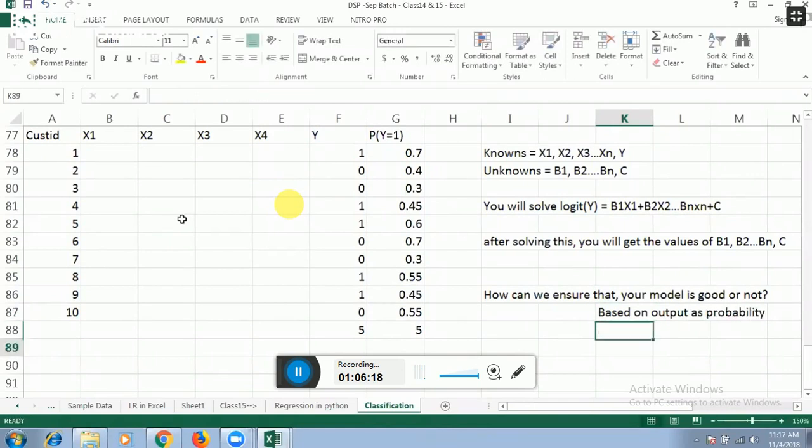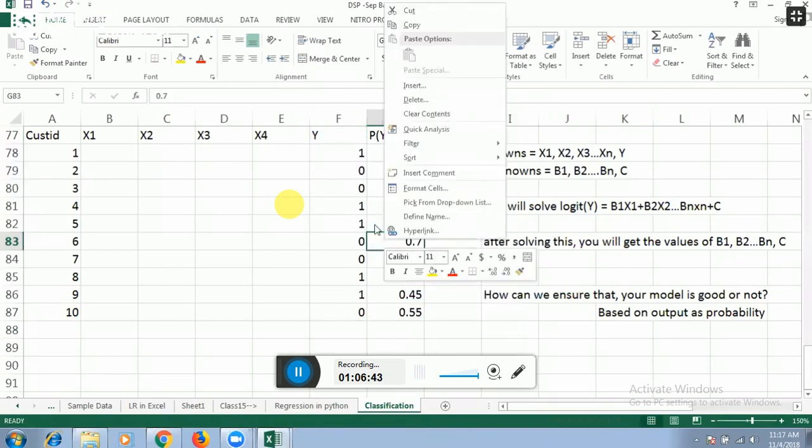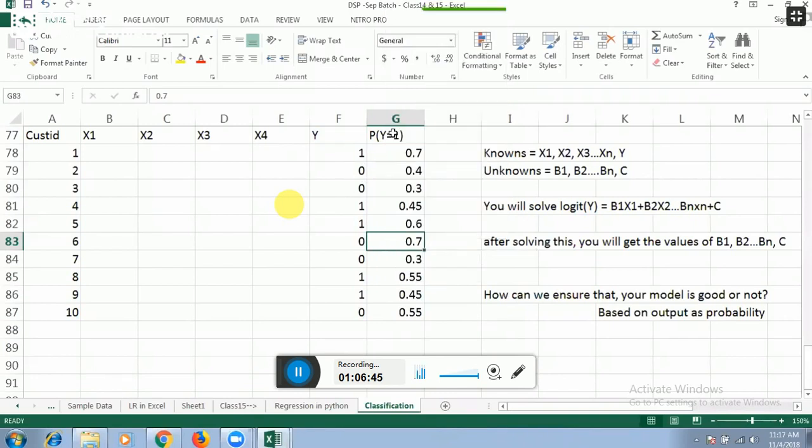Okay. So once you have this output, generally this is not my final output, right? What my final output should be is 1 or 0. Because at the end of the day, I need to predict 1 or 0, not the probability that a customer becomes bad or churns. Of course, you can also use this from a business perspective, but I'm saying my ultimate goal is this one.